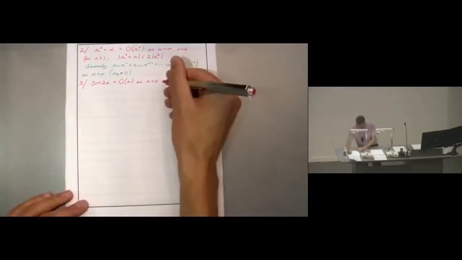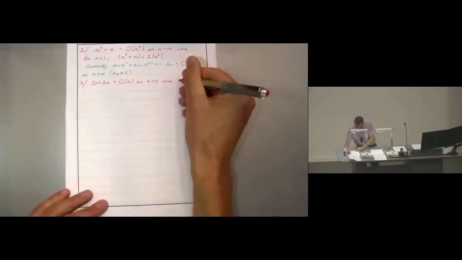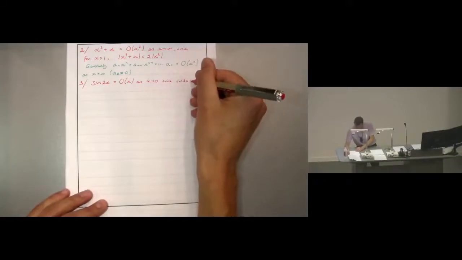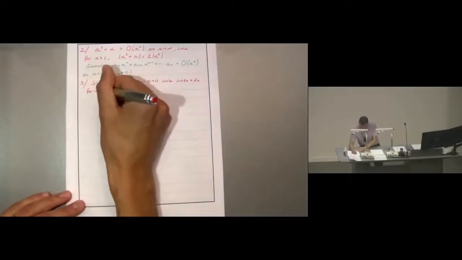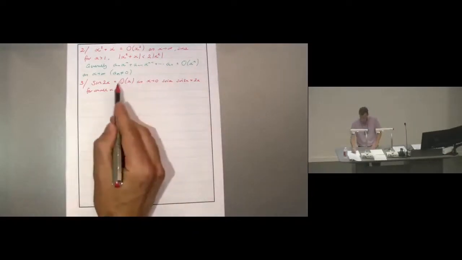The reason for that is just that if you think about the Taylor series of sine 2x around x equals 0, that looks like 2x for small enough x. And that means that sine 2x is going to be bounded by x, so it's big O of x.